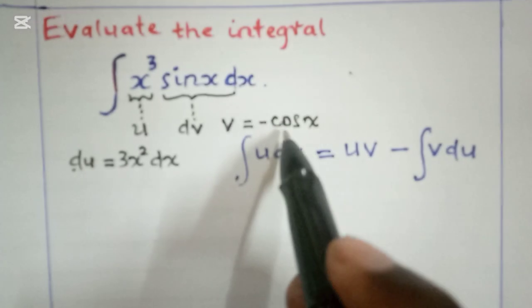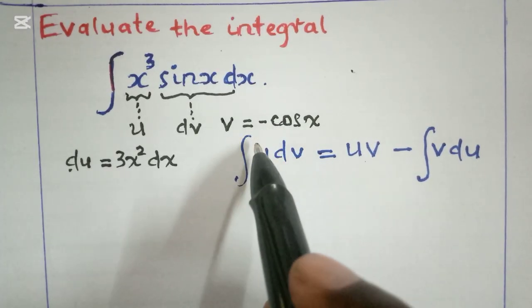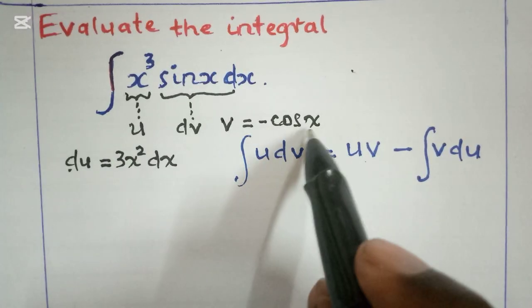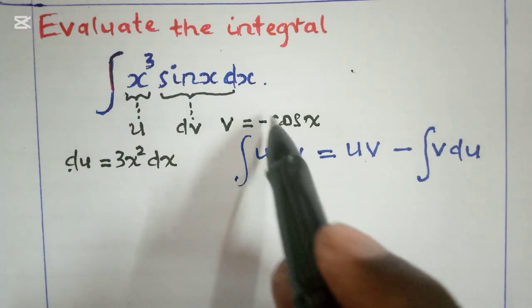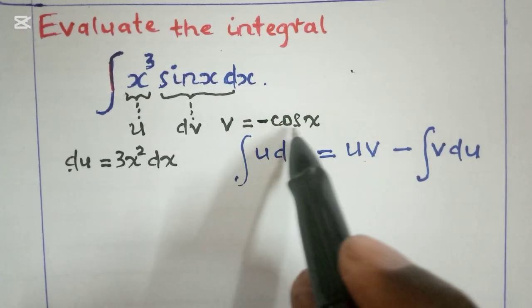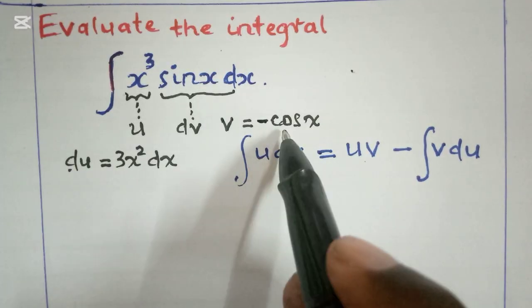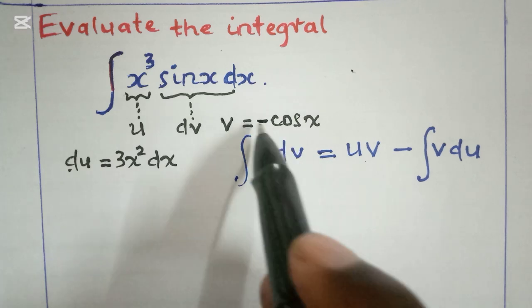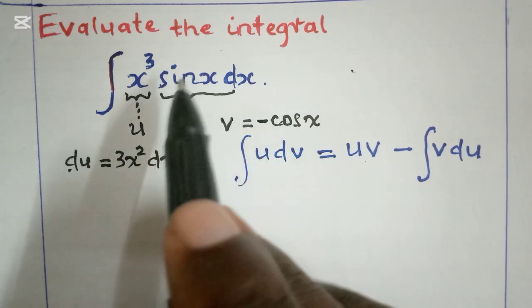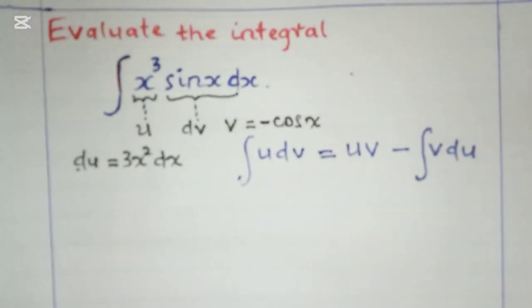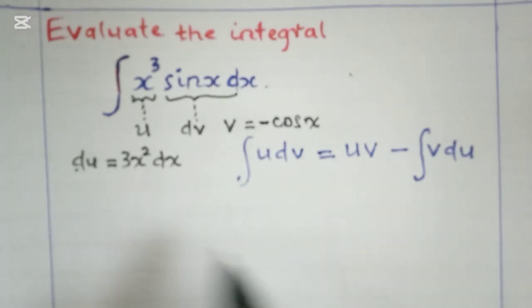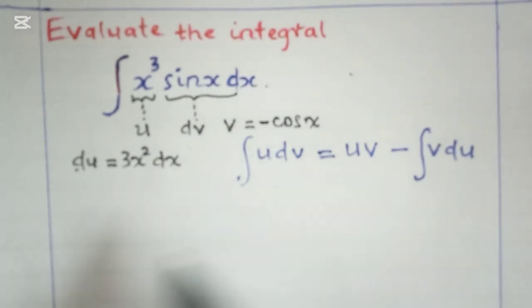For example, if I differentiate v, of course, usually it becomes a negative. And that's why I have put another negative here. So that if I differentiate cos x, it is minus, so it will be cancelled by this minus, and then it is sin x. And so guys, from there I now come and replace my figures here.